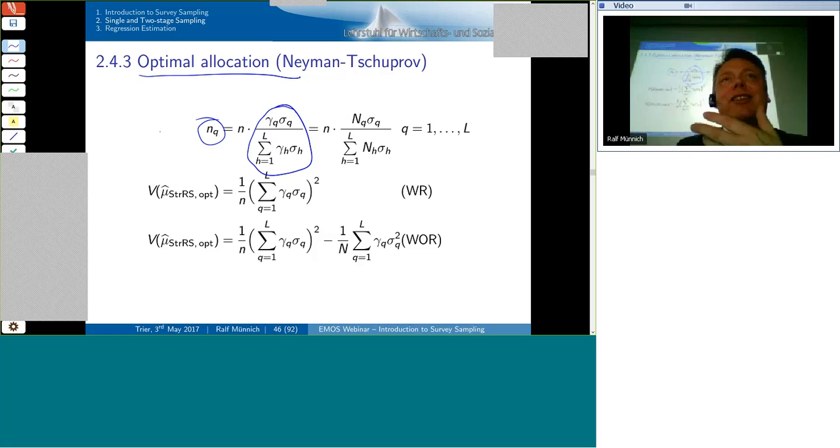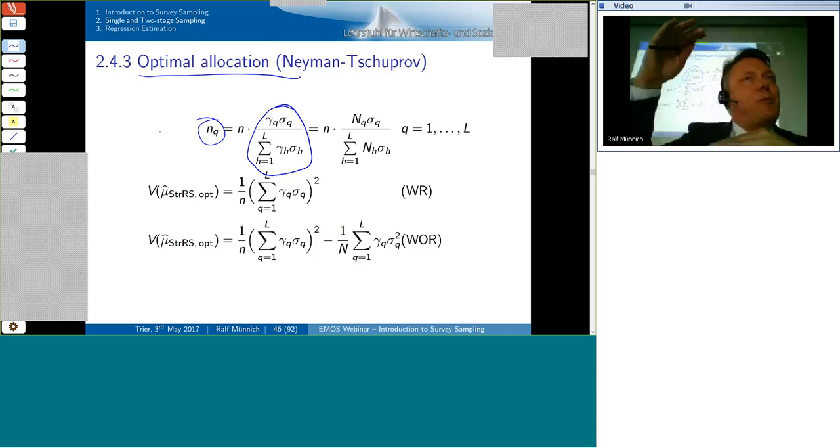That's why in practice you would say we don't want more than 100% sample size, and we definitely don't want 0 sample size. You would fix a minimum sample size for each stratum and probably also a maximum sample size.